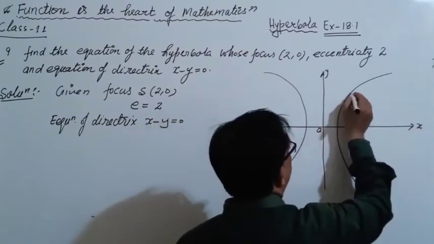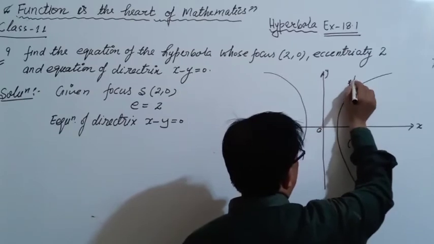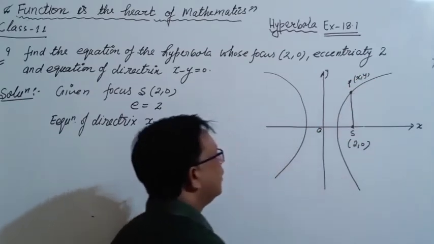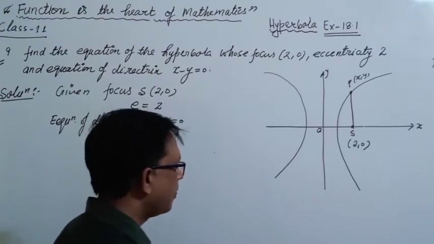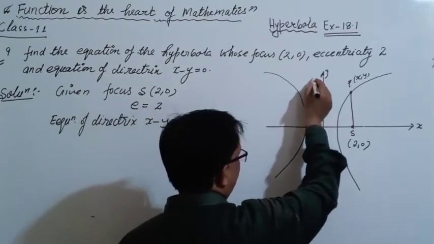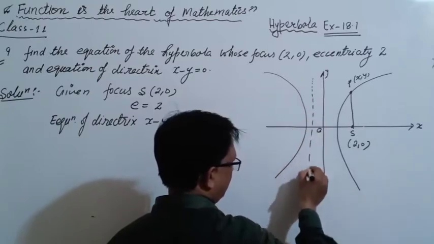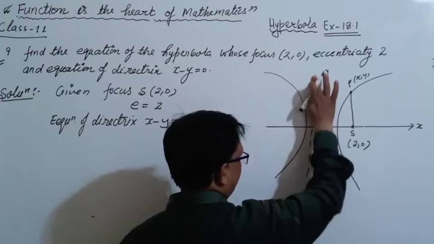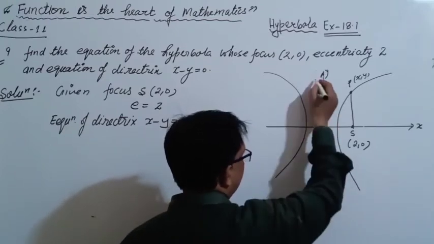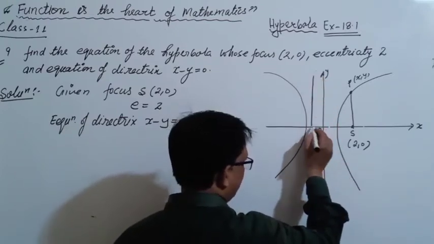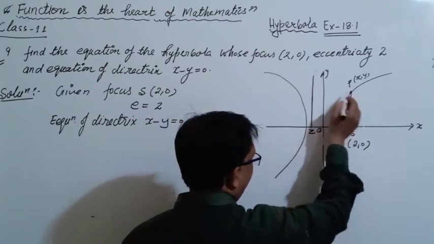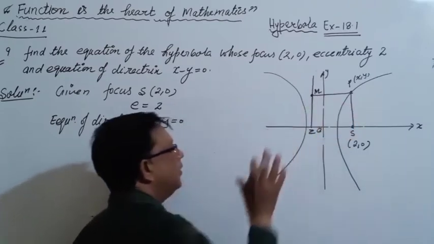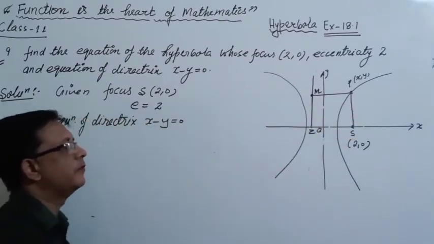Let P be any point on the hyperbola. Here is the directrix, and we draw perpendicular PM. We draw only one side of the figure.